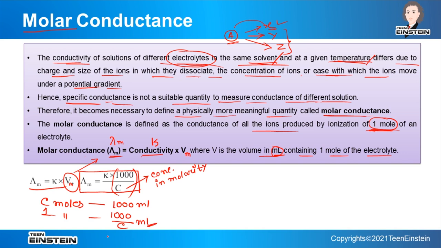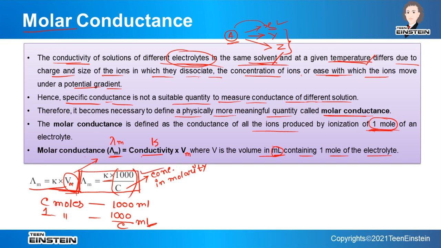Remember, this is true only when it is in ml. But suppose in the problem or numerical, it is not mentioned in ml, suppose the concentration is given in moles per meter cube or moles per decimeter cube, if it is not given in ml, then always use this equation. And if it is directly given in ml and kappa its unit is also in centimeter, then only you can use this formula directly.